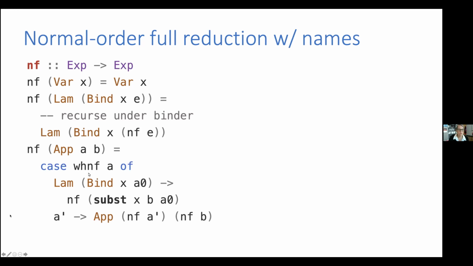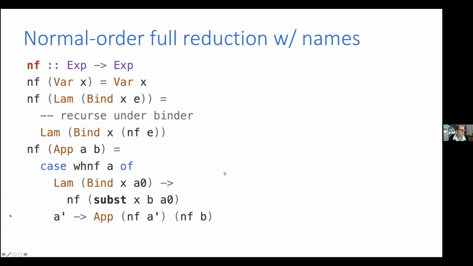So if we look for the weak head normal form and find some lambda where we're binding x with some body a0, then we substitute the argument for x inside of a0 before we do any reduction, and then keep normalizing. Now, if it turns out that the head normal form of A is not a lambda, if there's no beta reduction there, then we just normalize the application directly.